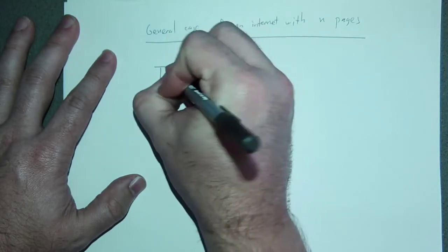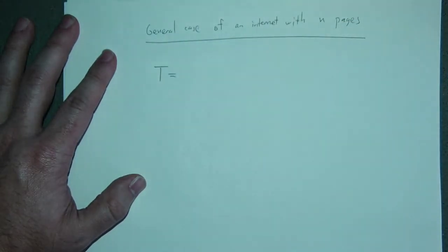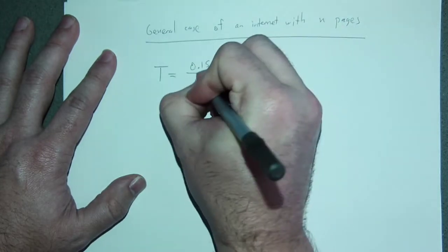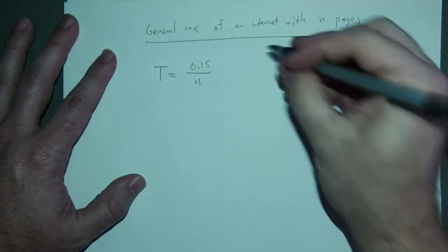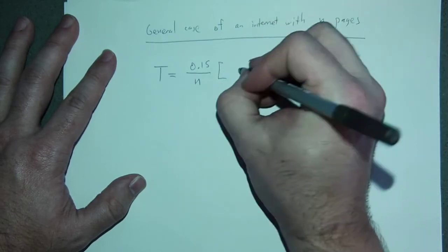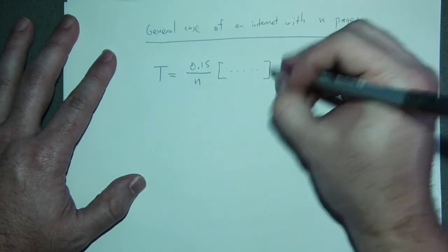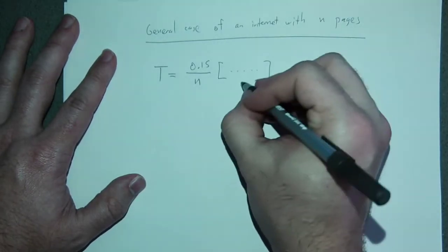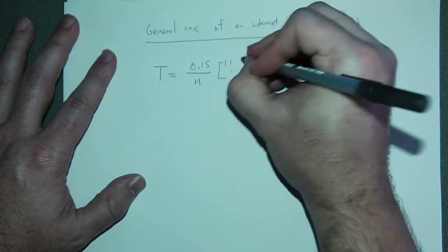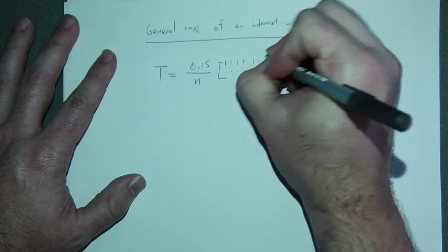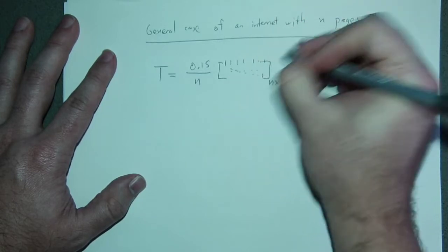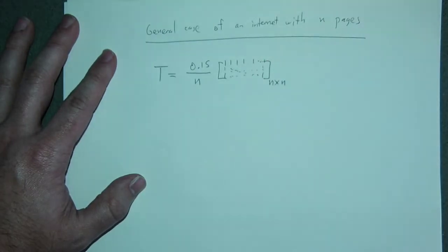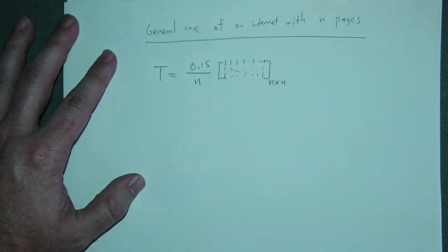When you go to write out your transition matrix, the way that this works is you have 0.15 divided by n, times some n by n matrix of ones, right? So this is 1, 1, 1, 1, 1, and so on, 1 all down the diagonal, 1 everywhere. So this is an n by n matrix of nothing but ones.